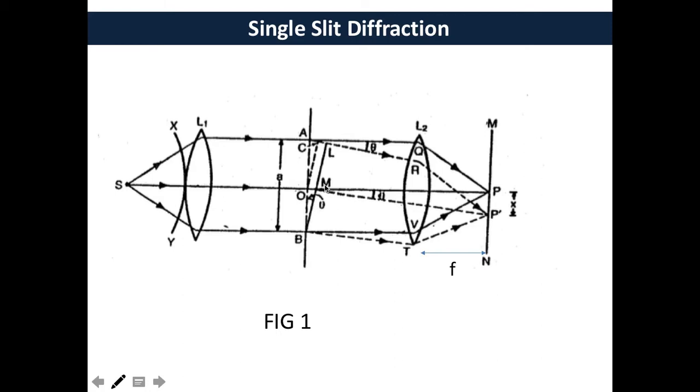Now consider the secondary waves traveling in the direction AR at an angle theta to the direction of OP and reaching the point P prime on the screen. P prime will be of minimum or maximum intensity depending on the path difference between the secondary waves.